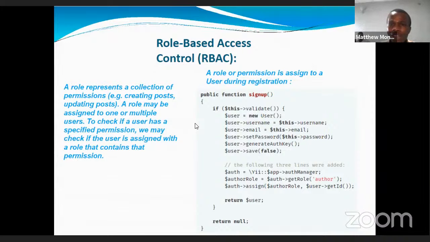All you need to do is, when you are trying to access a page, you now load from the user class that if this user.role equals maybe author, he or she should access this. If not, deny access. All this is made simpler with role-based access control. Indeed, we can conclude that Yii has a very robust authorization and authentication system.